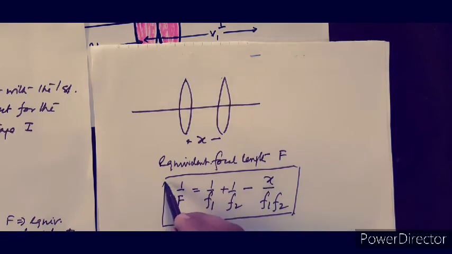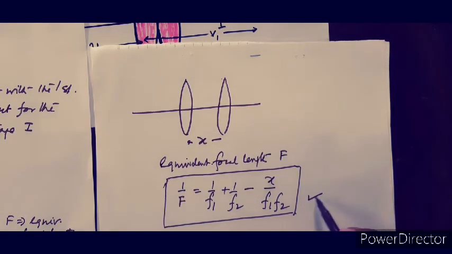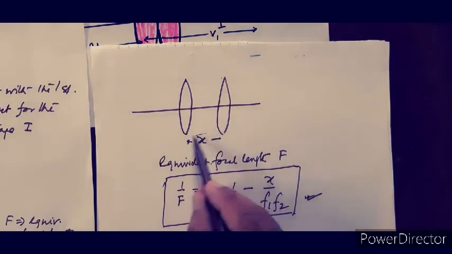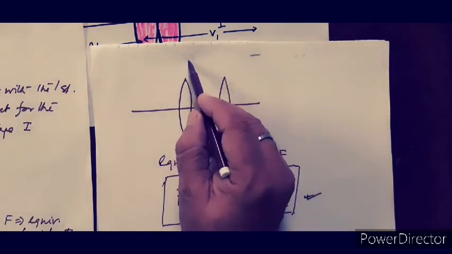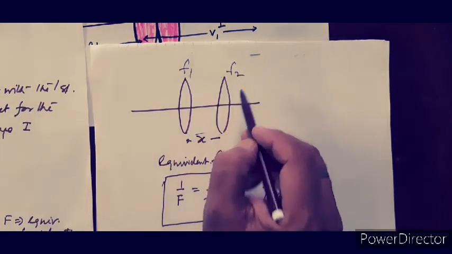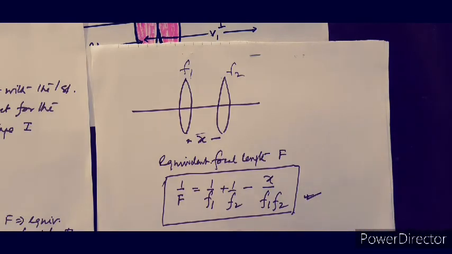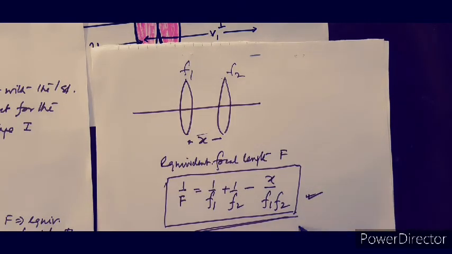Important point which you have to remember. Sometimes the 1 mark question is asked directly. The distance x is given, and the focal lengths of the individual lenses F1 and F2 are given, and you have to find out. So it's a direct application.